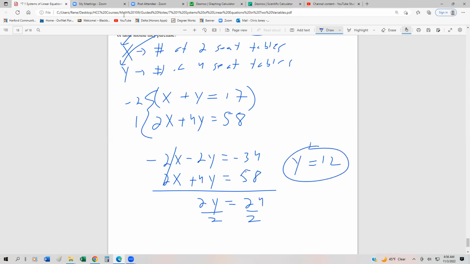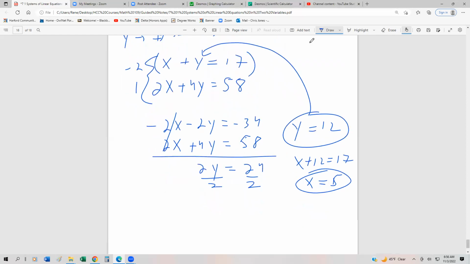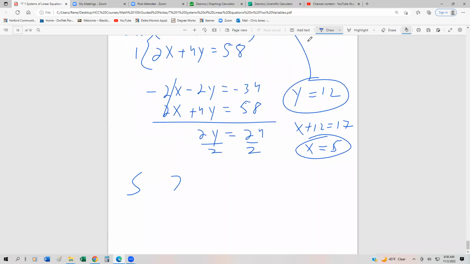If we go back up here and substitute, x plus 12 is 17, so x should be equal to 5. So we have 5 tables with 2 seats, so we would order 5 2-seat tables, and we would have 12 of the 4-seat tables.